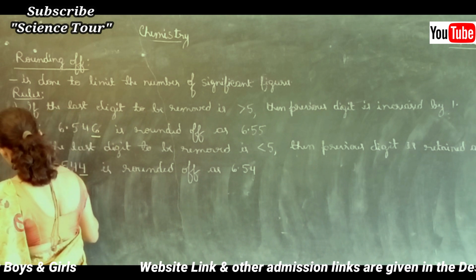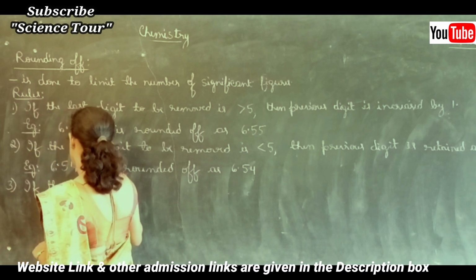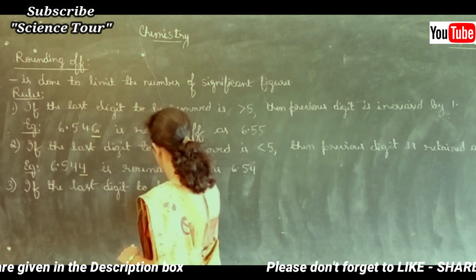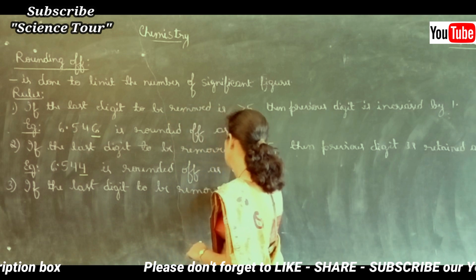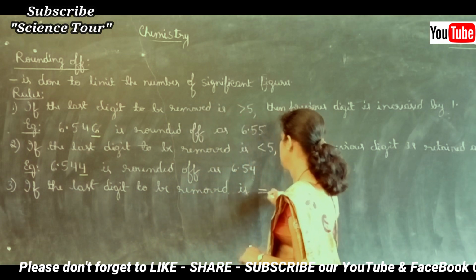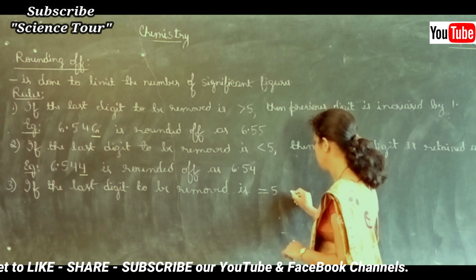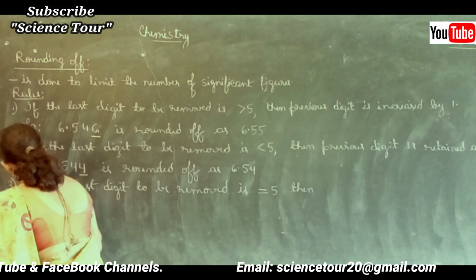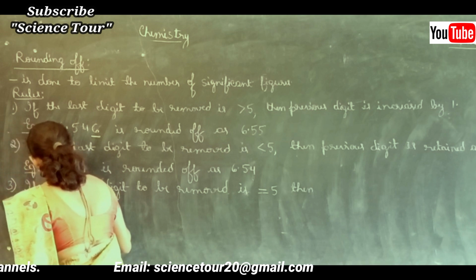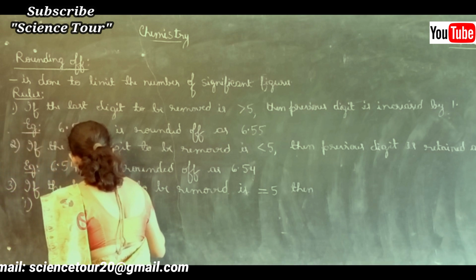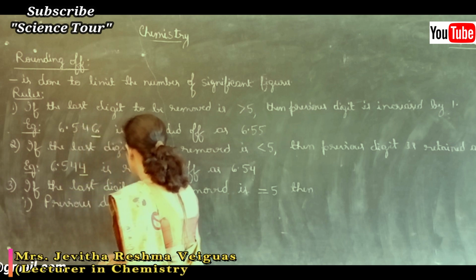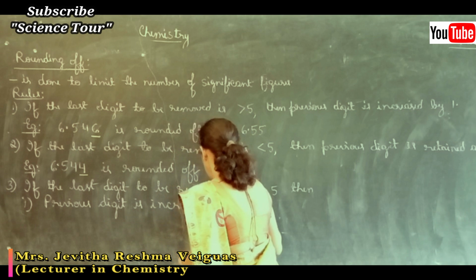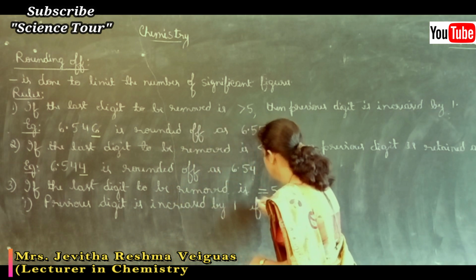If the last digit to be removed is equal to 5, then the previous digit is increased by 1 if it is an odd number.